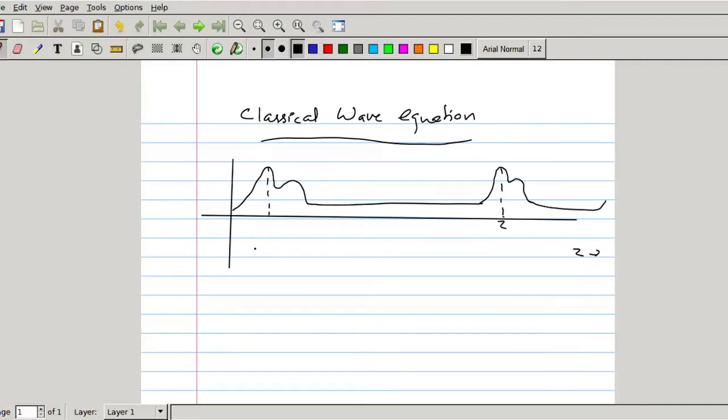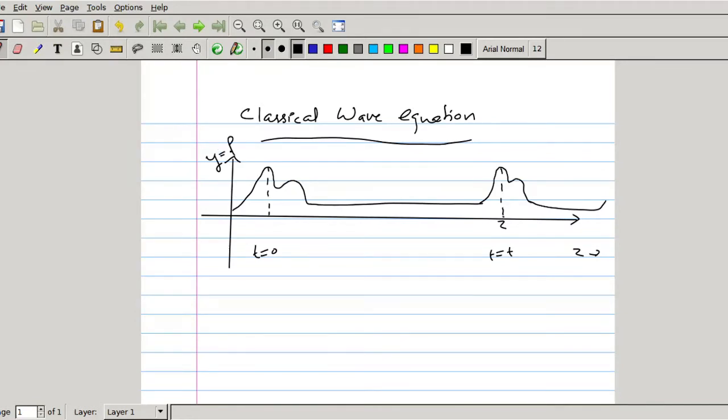At time t equal to 0 the position is at this point, and this is at time t. This axis represents the z direction. The wave is traveling along the z direction, and this represents the displacement of the string, which is represented by y.